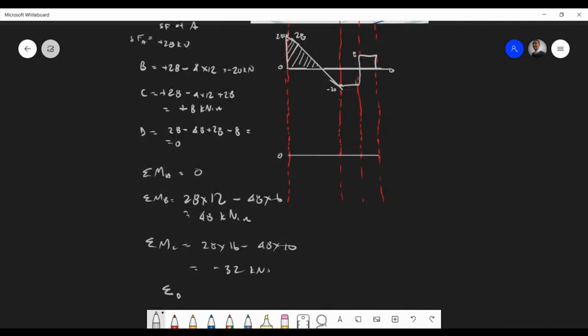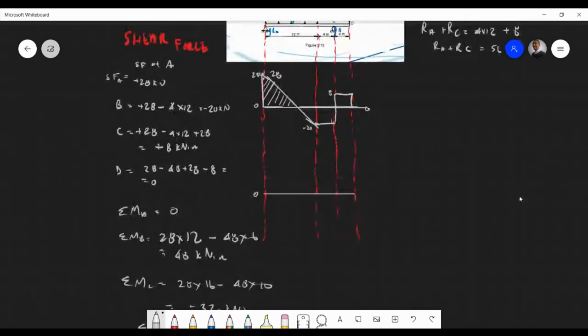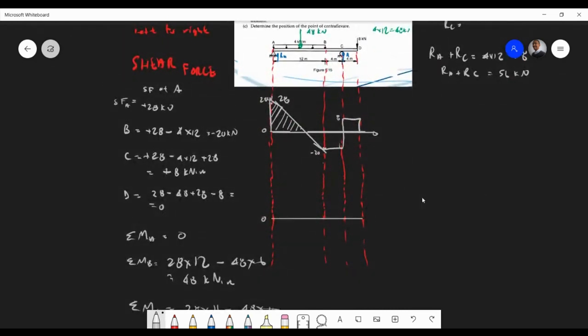then moments at D, so you've got 28 times, sorry, times 18, no, 12, 20, is that 20? Yes, 48 times, that's 6, that's 16, plus 28 times 4. Am I doing this right here? 28 times, is it 20 meters? 12 and 4, yeah.